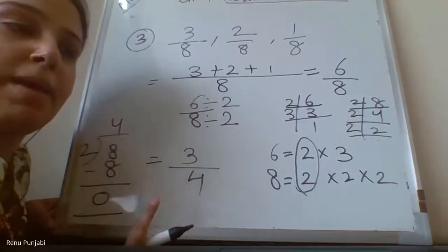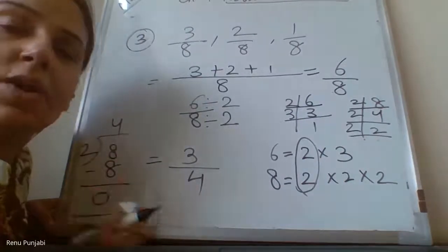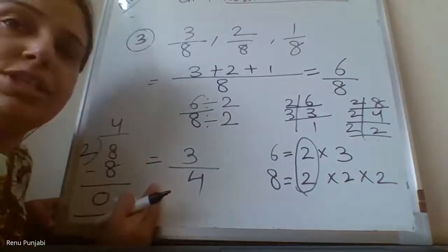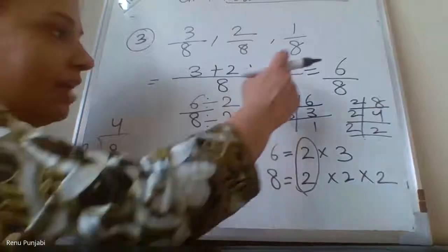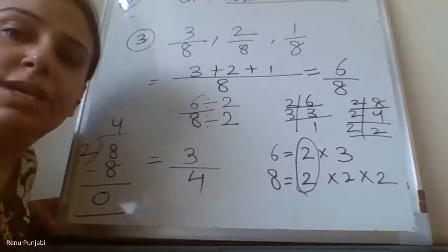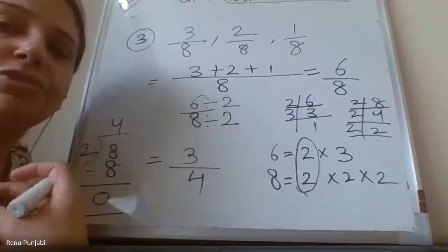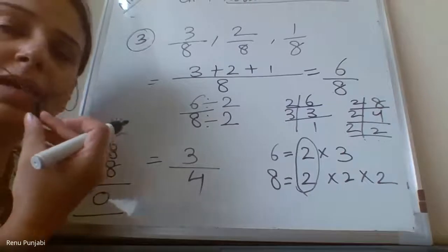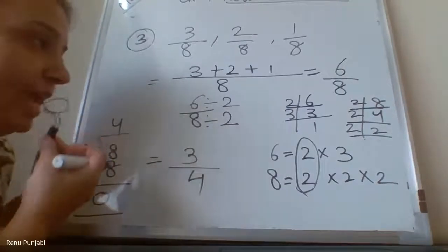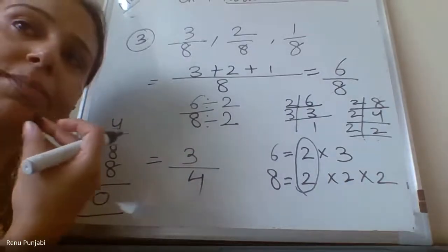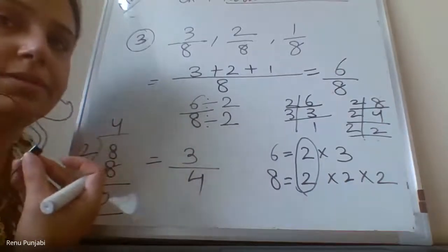So please remember, when you are adding or subtracting fractions, you have to reduce the final answer into the lowest term. And how will you check the lowest term? You will check whether both the numerator and the denominator come in one table.